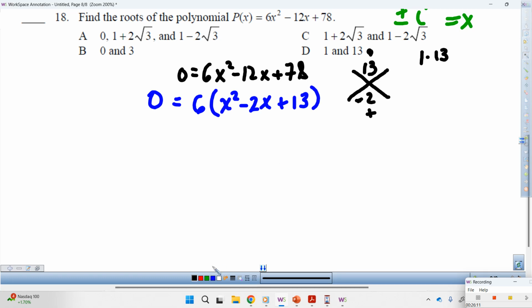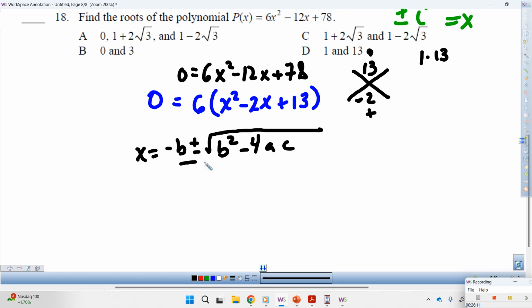Well, the only other thing that we can do is x equals minus b plus minus square root b squared minus 4ac over 2a. So that means that we need from here our a, b, and c.